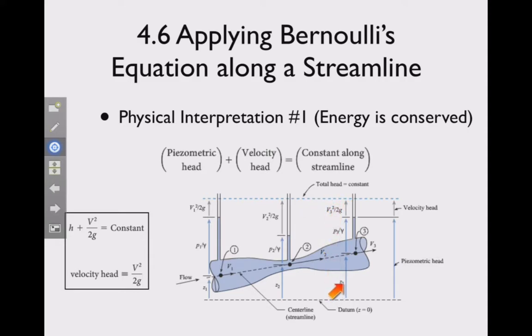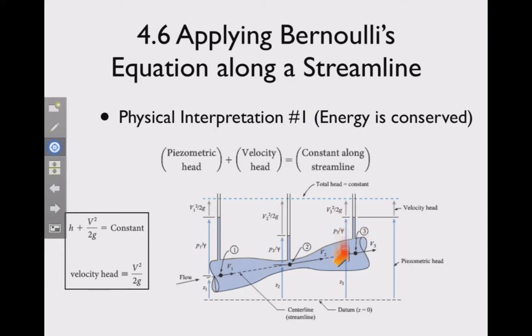Now at point 3, again along the same streamline, the elevation is even higher. The pressure head has gone up a little bit because this is expanding, and the velocity head has to decrease because of that. So we can see that the piezometric head and the velocity head trade off here.